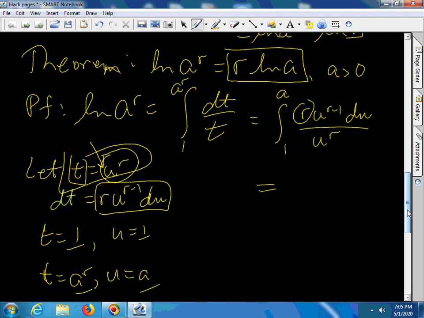So this r having nothing to do with u can come out in front. So we have r times the integral from 1 to a. And if you have u to the r minus 1 over u to the r du, well, the du stays on top.